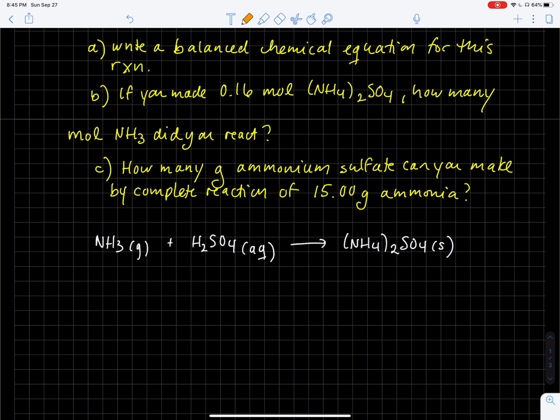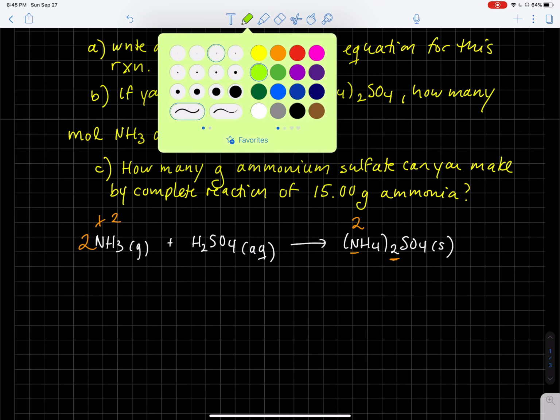So I'm going to start with my nitrogens. There's a 2 outside this parentheses, so I have 2 nitrogens here and 1 on this side. So I'm going to multiply this times 2, and now I have 2 nitrogens. My sulfur and oxygen are all fine right now, 1 to 1. So let's look at our hydrogens.